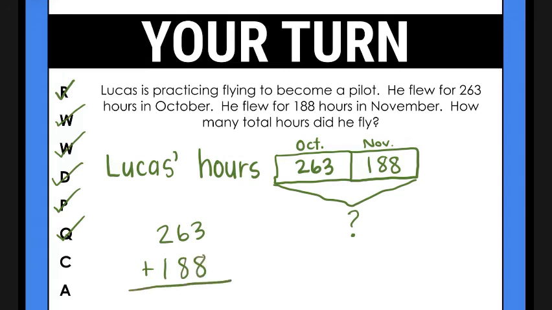Let's solve this addition problem. 8 plus 3 is 11. Regroup my 10. 1 plus 6 plus 8 is 15. Regroup my 100. 1 plus 2 plus 1 is 4. All right, so I did my computation. I got an answer of 451. Let's write my sentence.